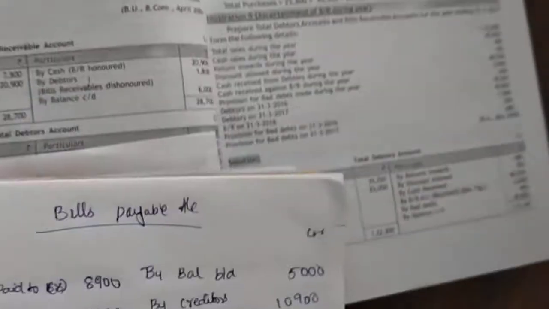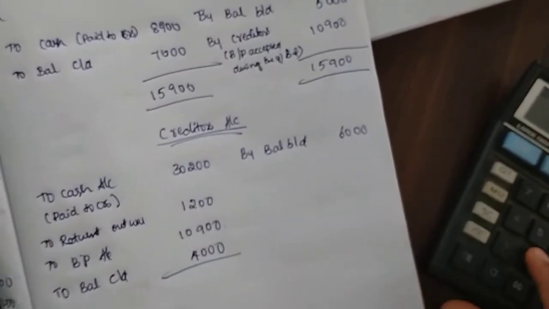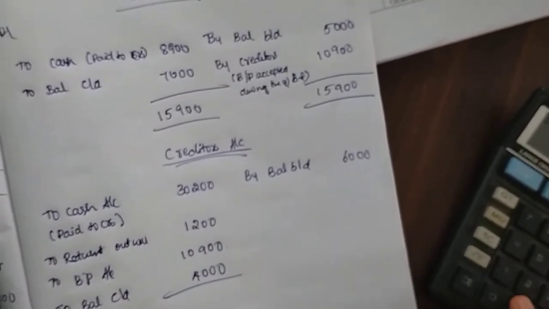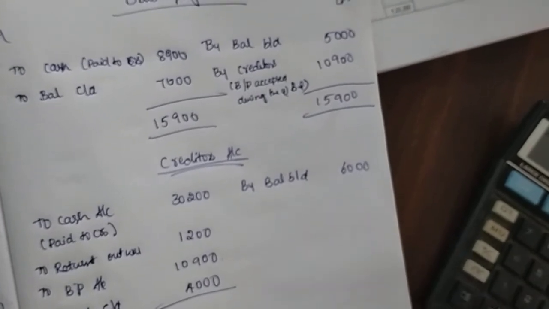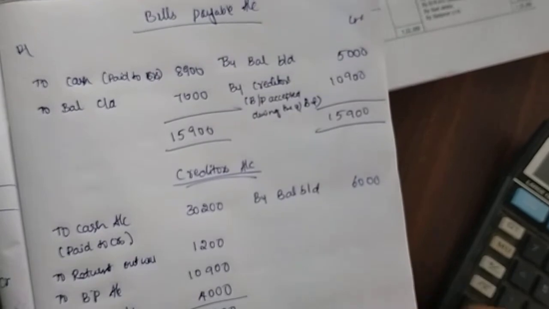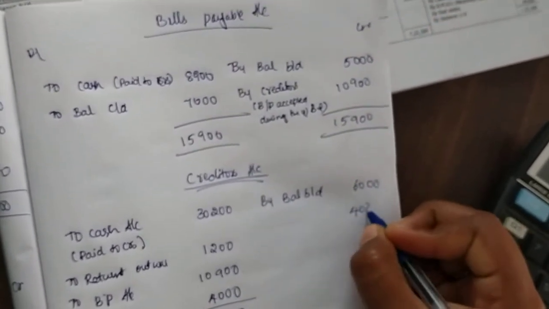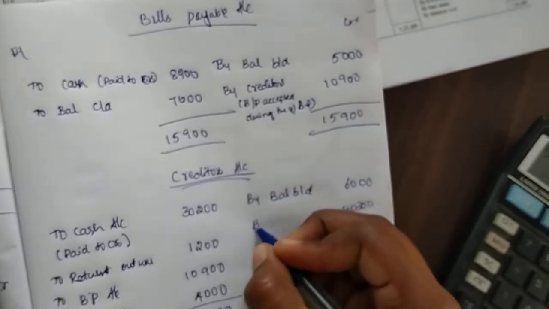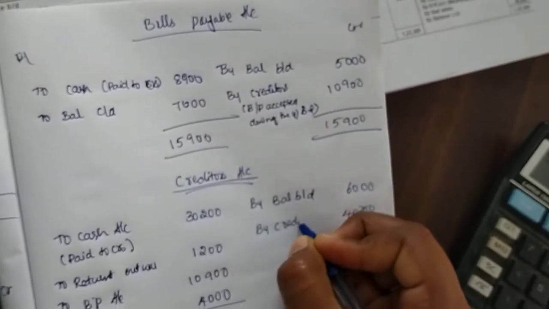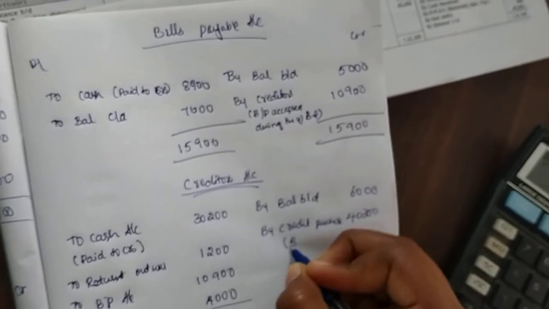Now total this: 30,200 plus 1,200 plus 10,900 plus 4,000. The amount is 46,300 minus 6,000 is 40,300, that is by credit purchase. Balancing figure.